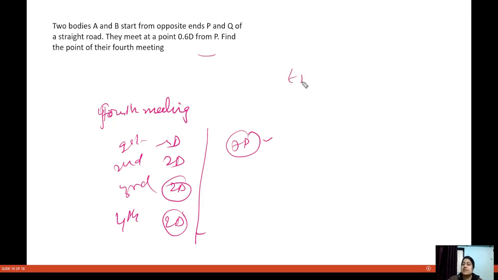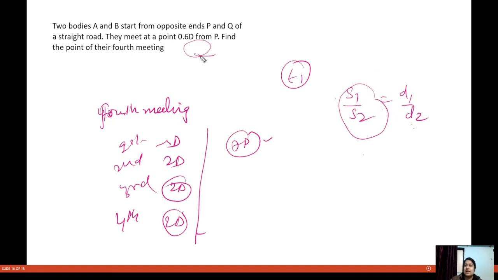Now because the time for which both of them were traveling is the same, we apply our equation s1 by s2 is equal to d1 by d2. That is, the ratio of their distances covered will be in the ratio of their speeds.